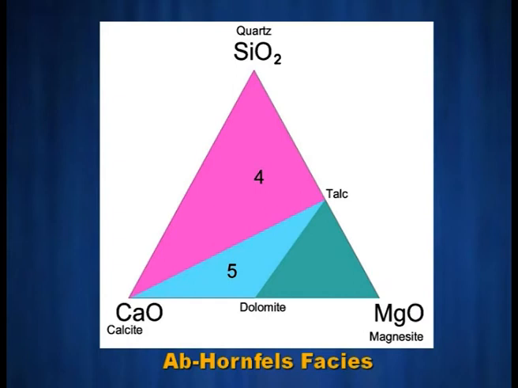We can see the important assemblages: first is dolomite, calcite, quartz, and second important assemblage is dolomite, magnesite and quartz. These two are very important assemblages, mainly for dolomitic and calcareous marble assemblages.